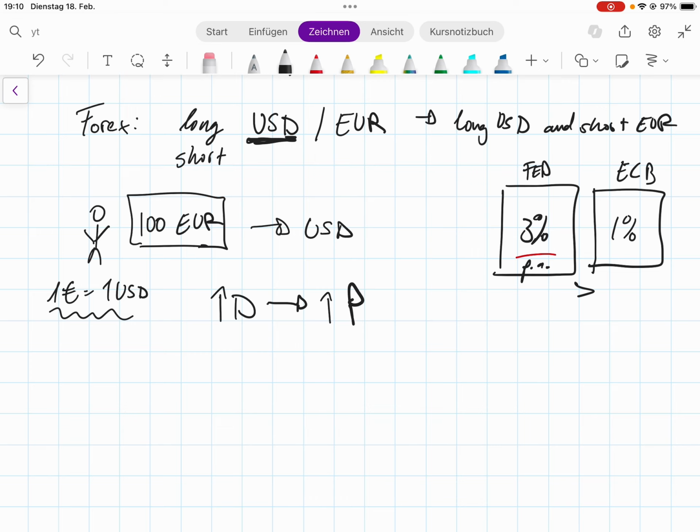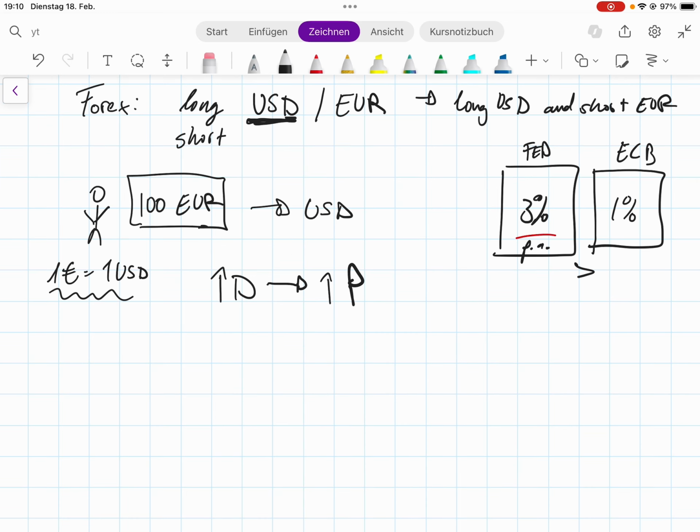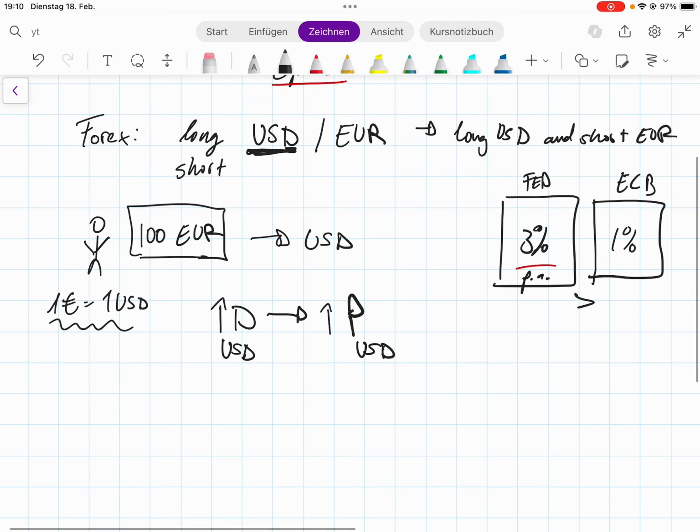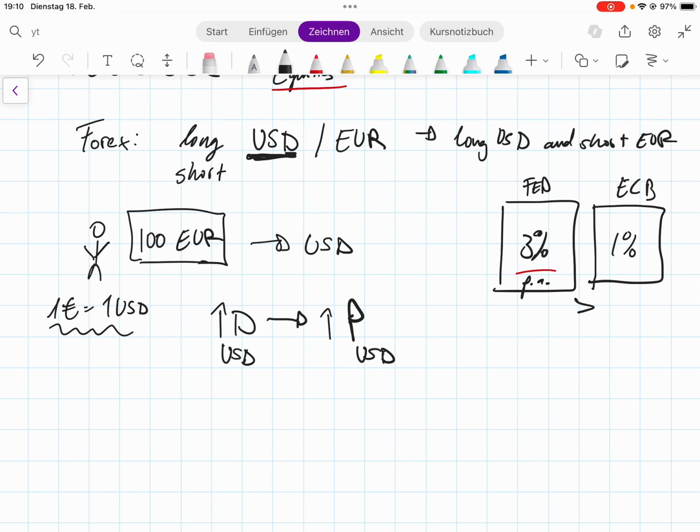So now we have a clear relationship: the demand for US dollars goes up, so the price of US dollars goes up. Basically, in general, the US dollar is getting stronger as more people want to exchange their currency to US dollars and get this higher return.